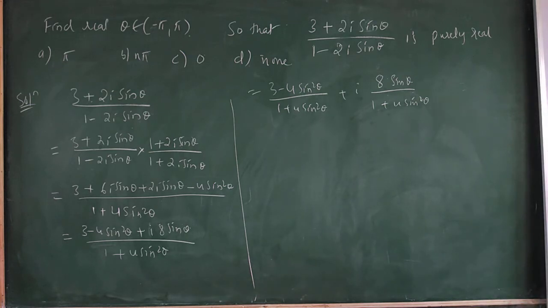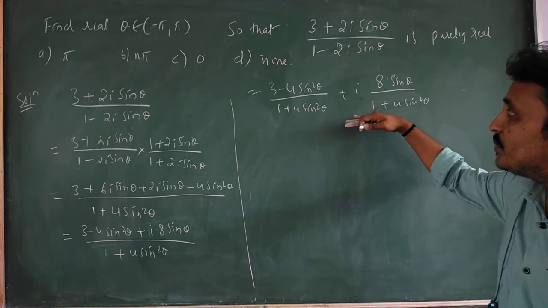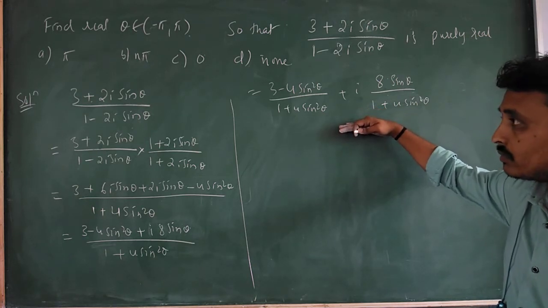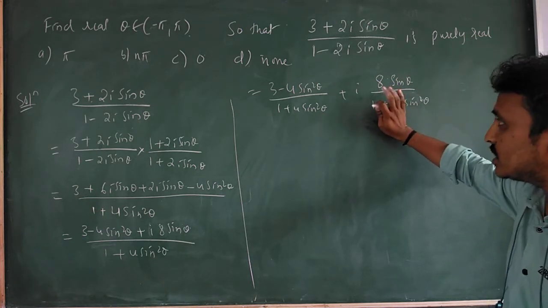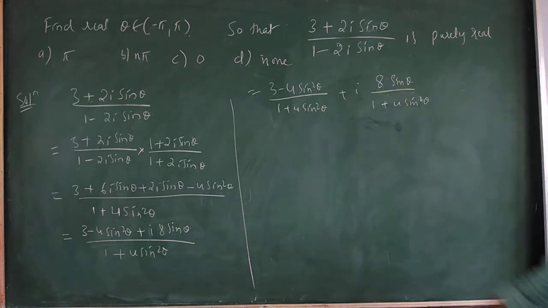A plus ib, then it is purely real, they say. Purely real means what? This part is equal to 0. By using this you can find the value of theta.